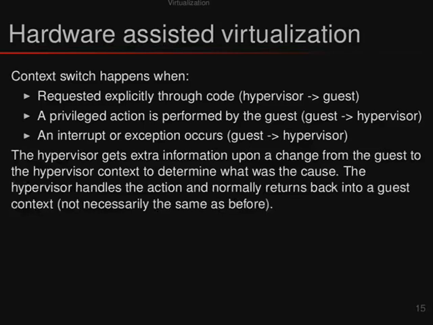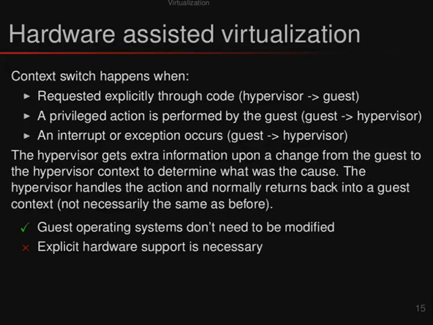And upon a change from the guest to the hypervisor mode, the hypervisor gets extra information about what happened. Normally it returns into the guest it came from, another guest, or it kills the guest. So with this mechanism, you can also implement scheduling between different VMs and choose the next VM to be executed with different rules.